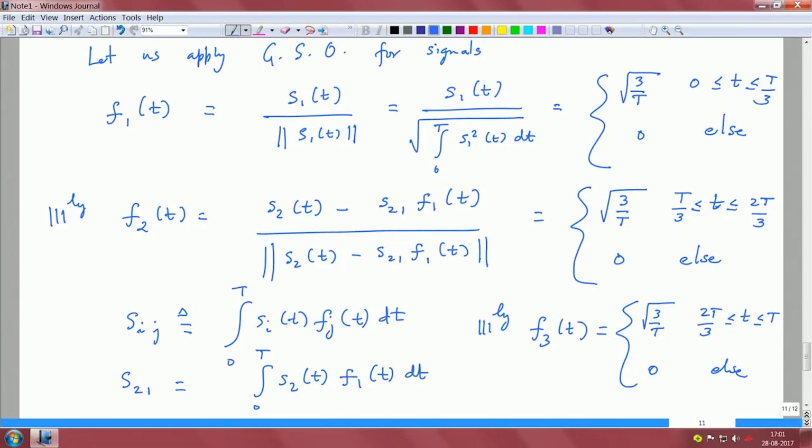Okay. So now we have F1, F2 and F3, and let us see how they look.